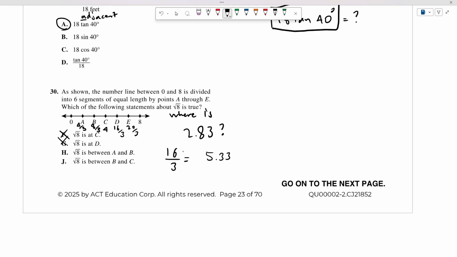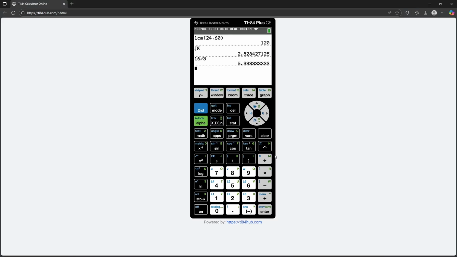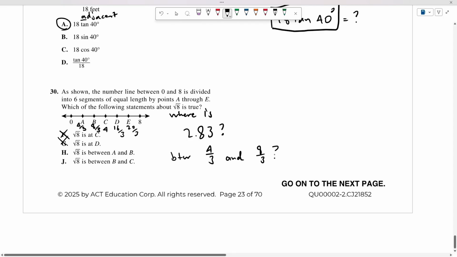Okay. Is it between A and B? Well, A is at 4 thirds and B is at 8 thirds. So is it between 4 thirds and 8 thirds? Let's see. 4 thirds is 1.33 and 8 thirds is 2.66. Okay.